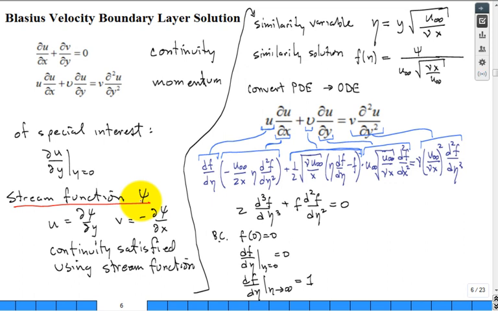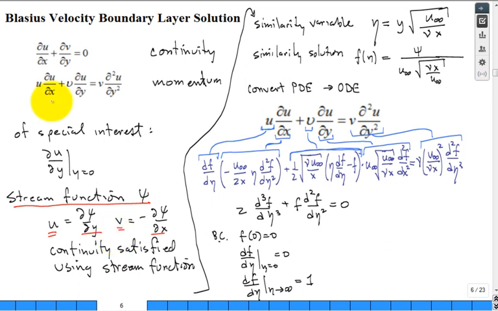And the game with the stream function is if I could find this particular function psi such that the derivative of psi with respect to y gives me u, and the negative of the derivative of psi with respect to x gives me v, then life is easy because that instantly satisfies the continuity equation. So now you have satisfied the continuity equation, assuming that the stream function can be found.